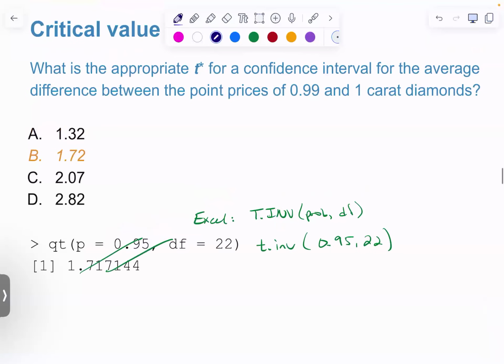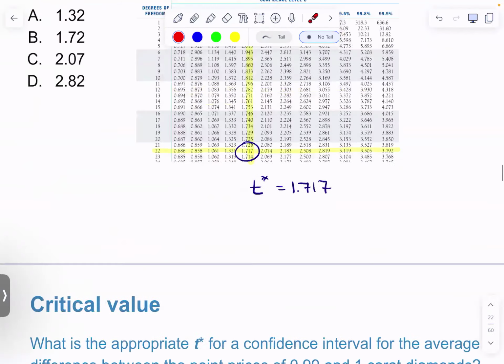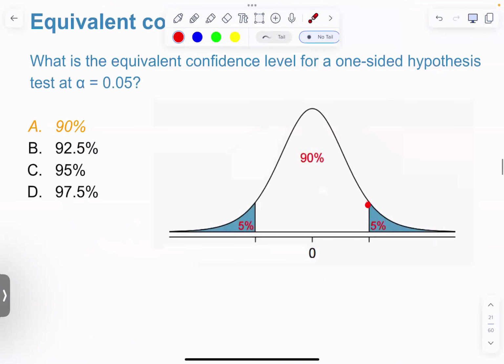In Excel, there's a T dot inverse, it needs the probability to the left as well as the degrees of freedom. Okay? And so if you want a positive t for your critical value, right, then you would use t dot inverse of 0.95 for a 90% confidence interval, right? Because the area to the left would be 90 plus 5 or 0.95.